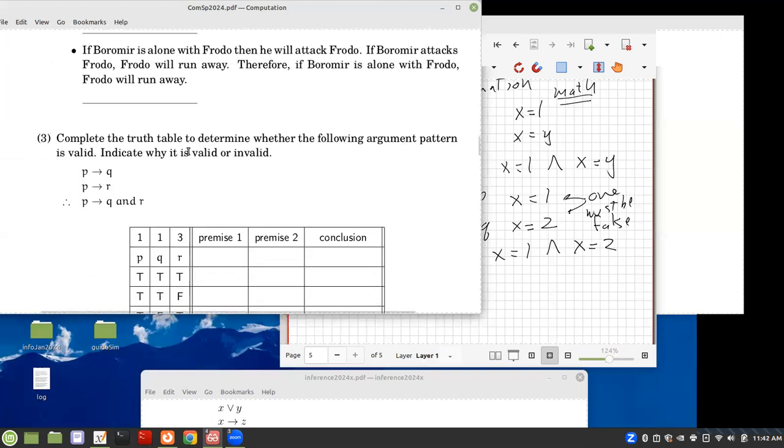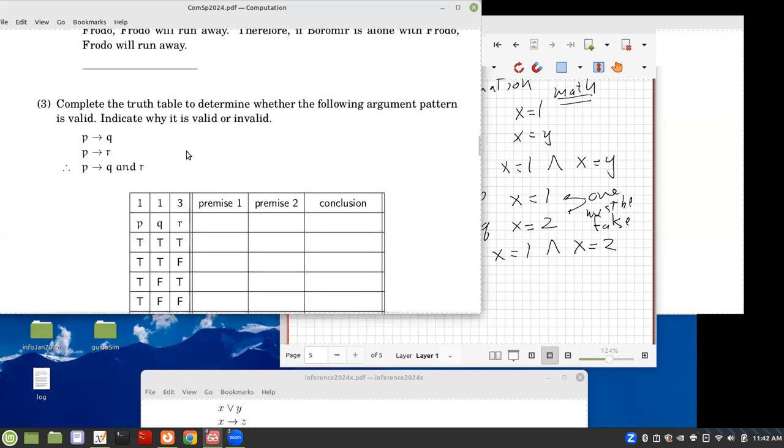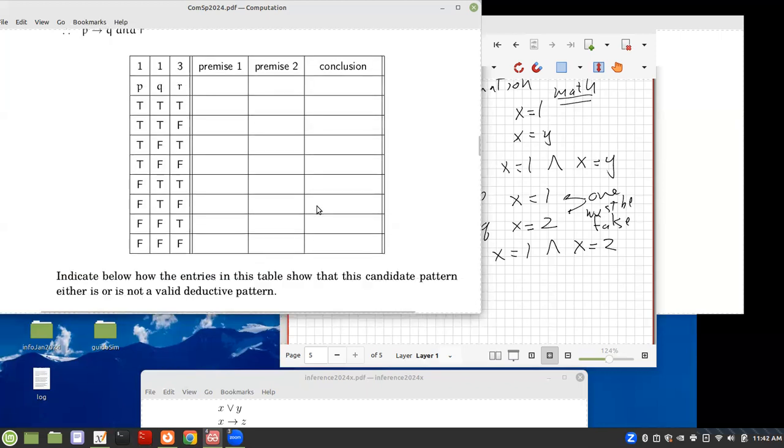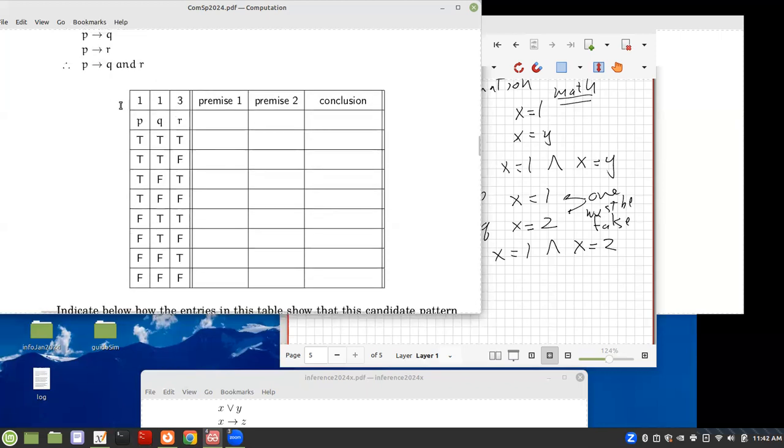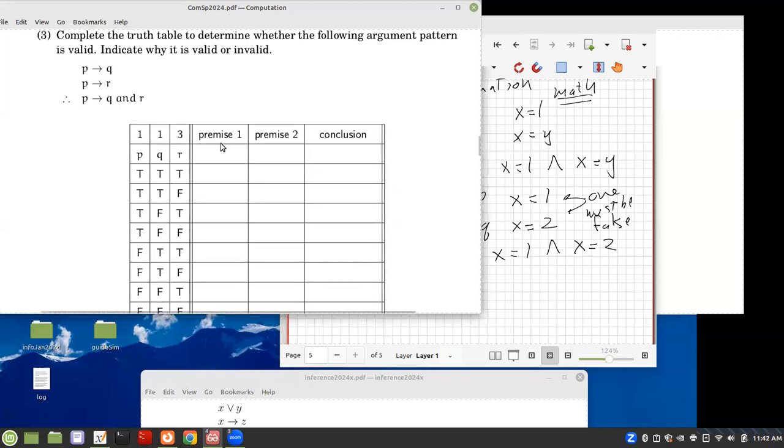Now, this one, there are other patterns, but there are also possibilities for patterns that aren't valid. This one asks, how do we know whether this argument pattern is valid or not? Well, we could say P implies Q, P implies R. Those are premises. Does this mean that P implies Q and R? One way to show that this is or isn't a valid rule of inference is to fill out this truth table.